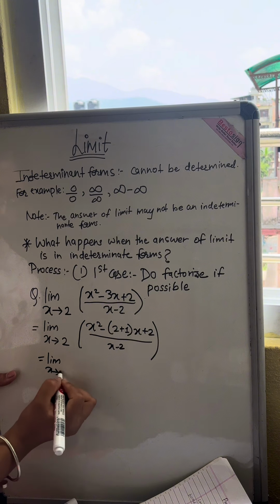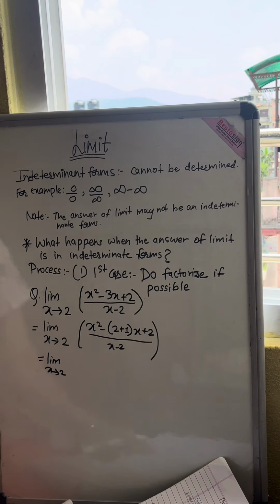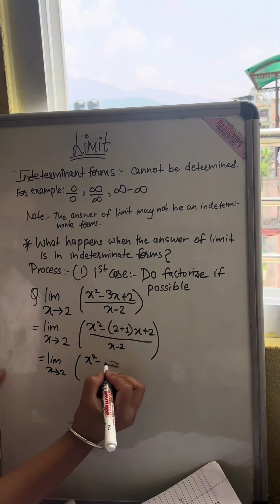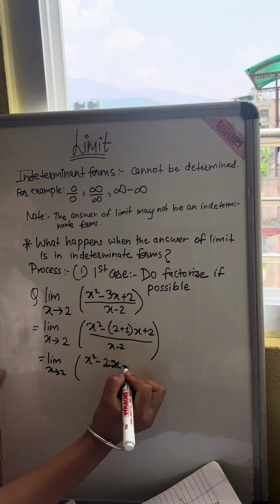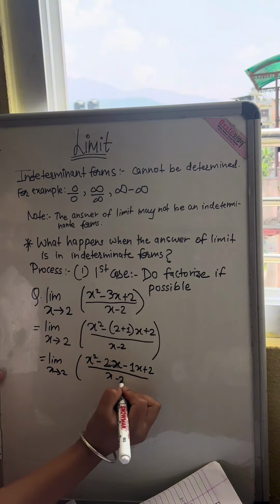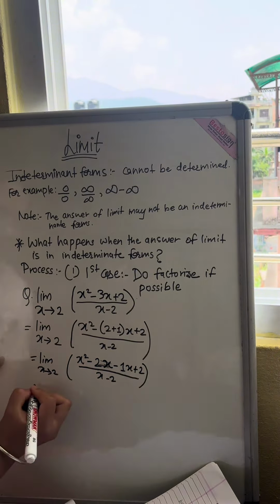Again, limit x tends to 2. Now let's open the bracket. x squared minus 2x minus 1x plus 2 upon x minus 2, bracket close.